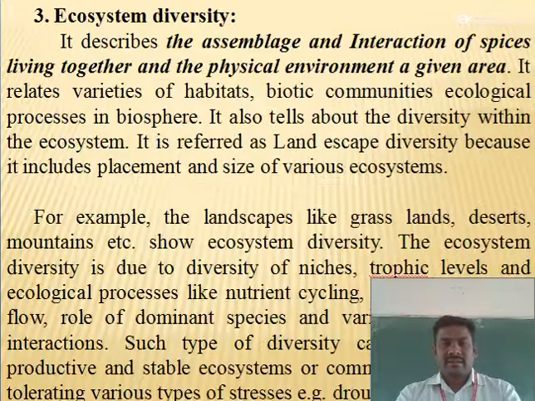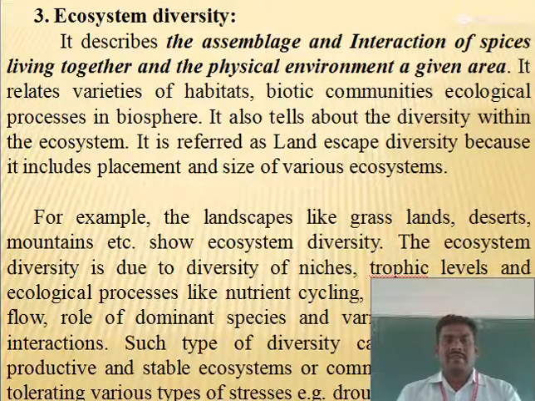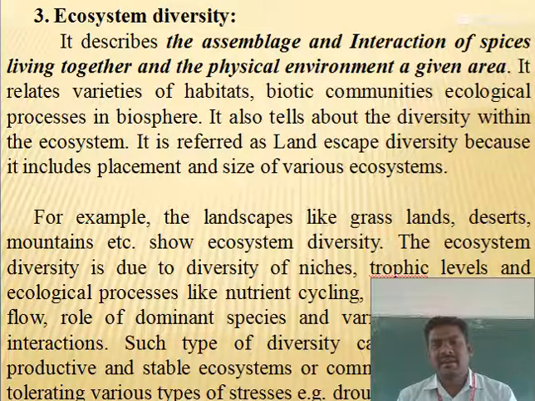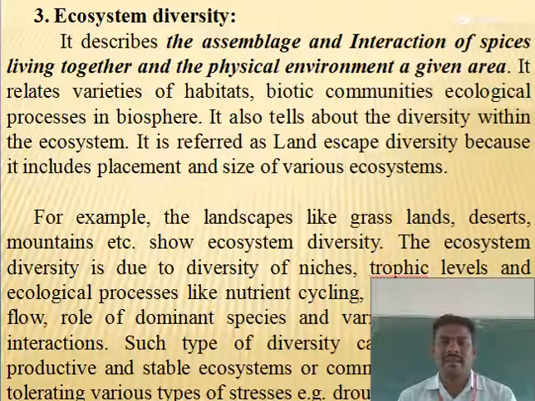The next one is ecosystem diversity. It describes the assemblage and interaction of species living together and the physical environment in a given area. That means ecosystem diversity is related to variety of habitat, biotic component, and ecological process in the biosphere.